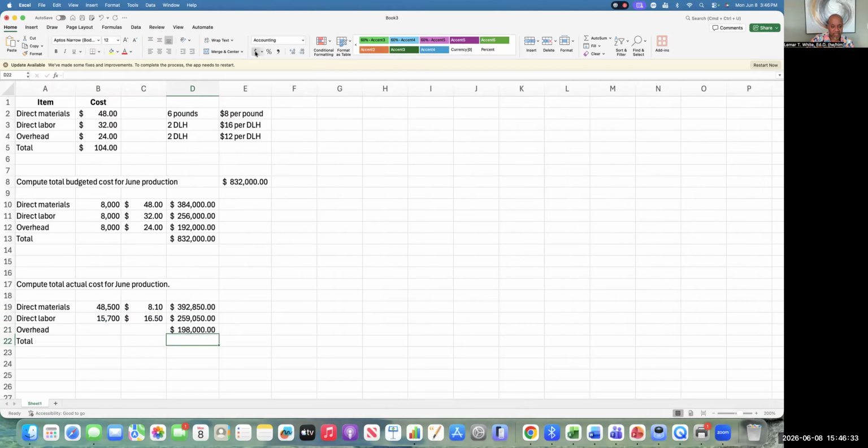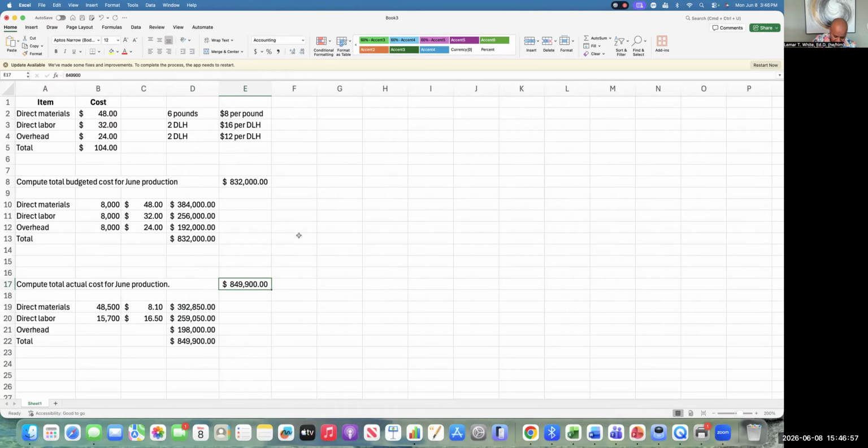Then I add together these three numbers, and that gives me my computed total actual cost for June production, which comes out to $849,900. So that's the answer for required three, $849,900.